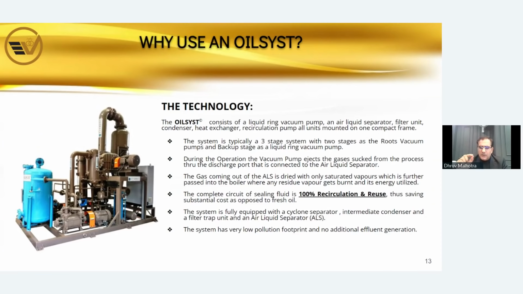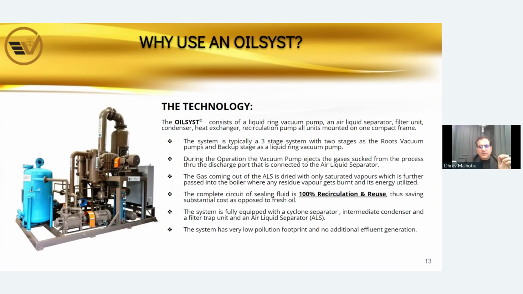There will be some amount of oil that gets carried forward, but that will be saturated oil, not droplets of oil. So this ALS becomes a very important accessory in this type of equipment.